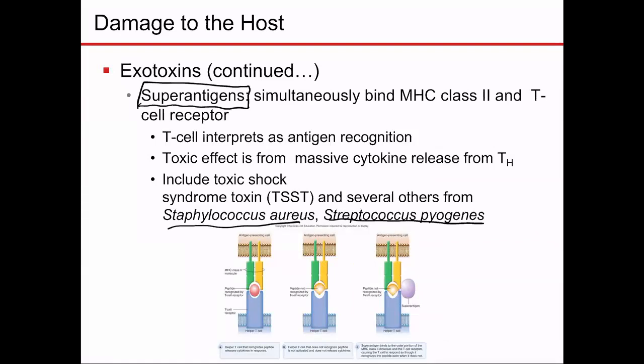You already know from immunology, from the adaptive immunity class, that there are antigen presenting cells that, in the context of MHC class 2, may present a particular antigen to a T cell, in this case a CD4 positive T cell, right? That has a very specific T cell receptor that is able to recognize that particular antigen.